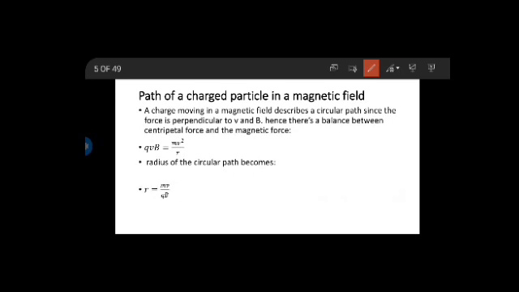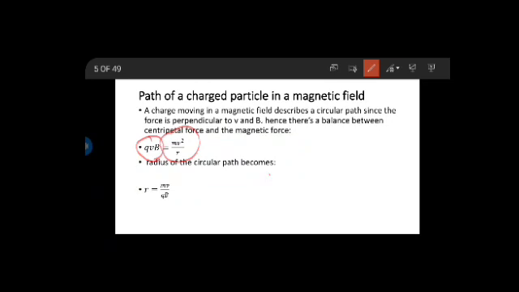Since the force is perpendicular to V and B, there is a balance between the centripetal force and the magnetic force. So you can see here QVB is equal to mv squared. QVB is the magnetic force. Remember, it describes a circular path because the direction is perpendicular. And who gave that rule? That's according to Fleming's left-hand rule.